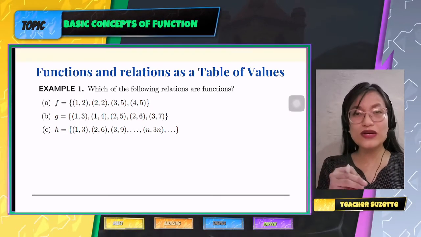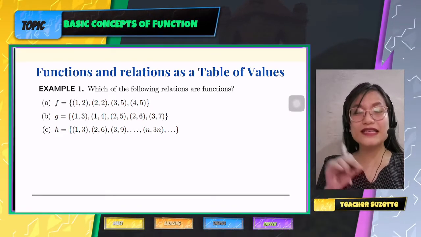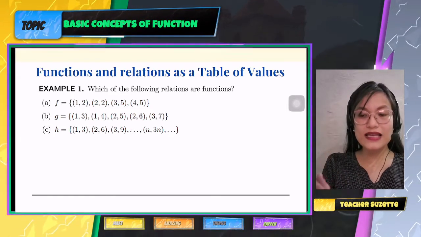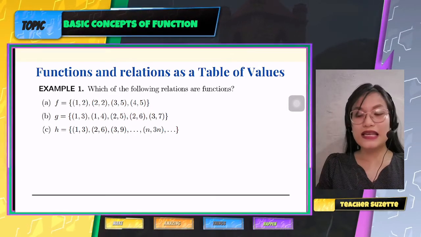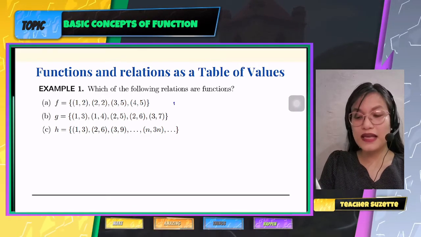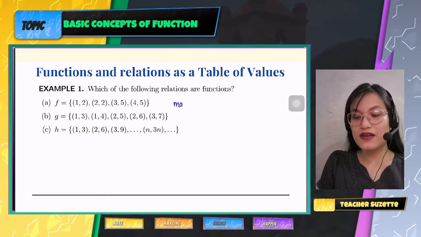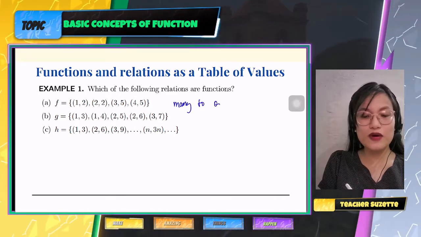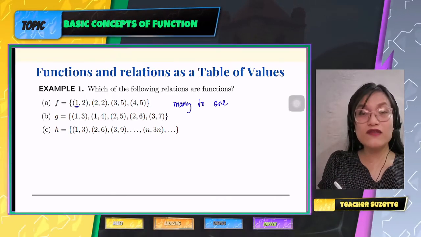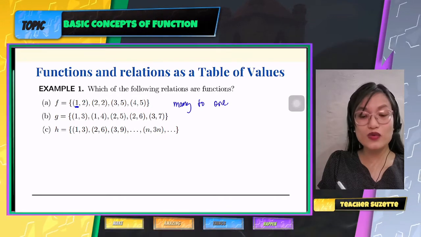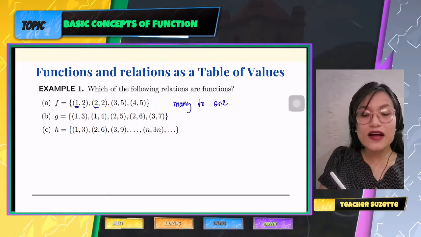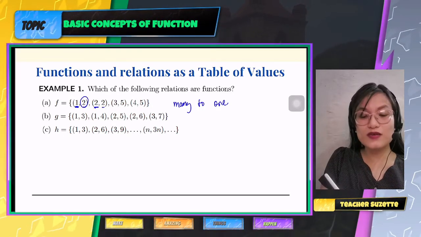If we're going to look at the values or the x and y of each ordered pair, mapapansin mo that this is an example of a many to one kind of relation. Paano po nasabi ni ma'am na many to 1? Tingnan mo po. For the values of 1 and 2 of your x, magkakaroon ka ng 1 value of y, which is 2.